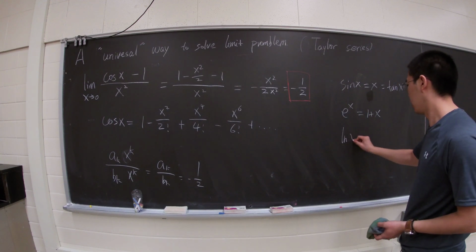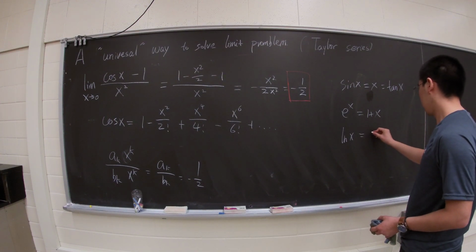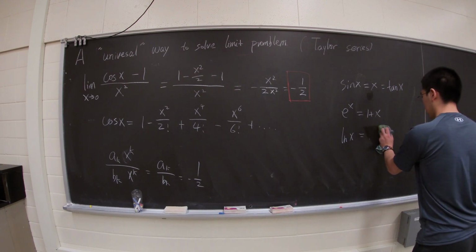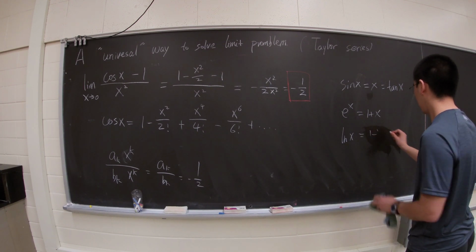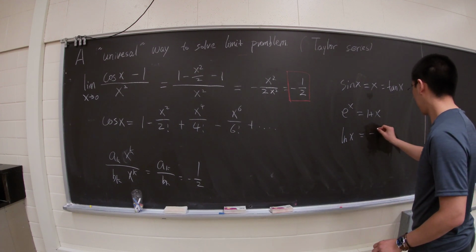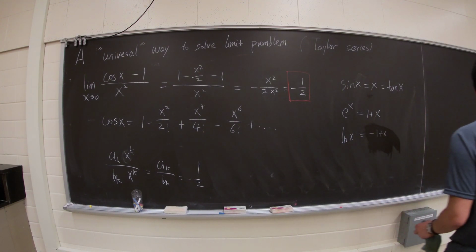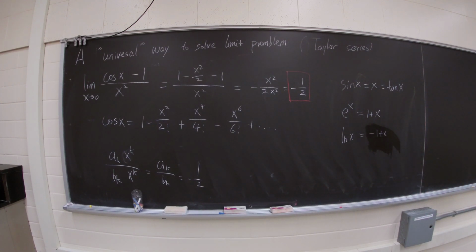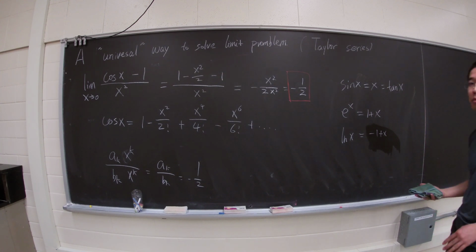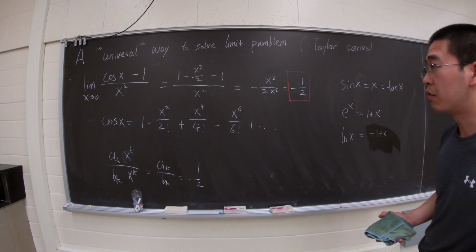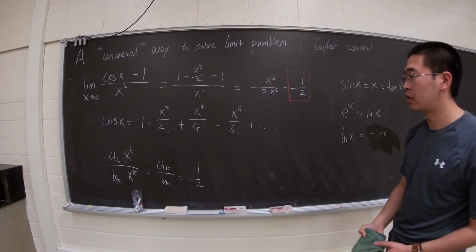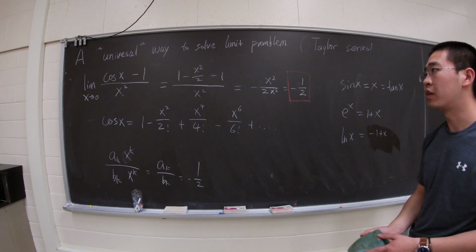And that, surprise, is also Taylor theory. So yeah, you could use those things to solve limit problems, and using the previous chalkboard notes, you can solve a lot of things with it.